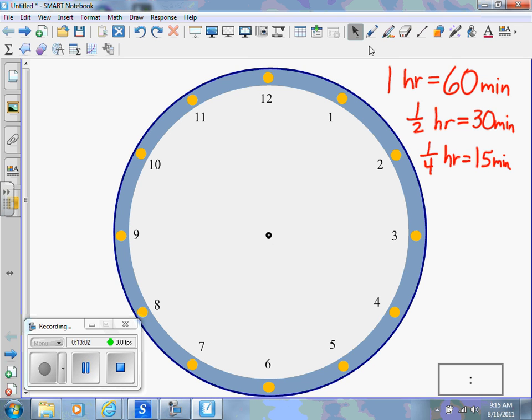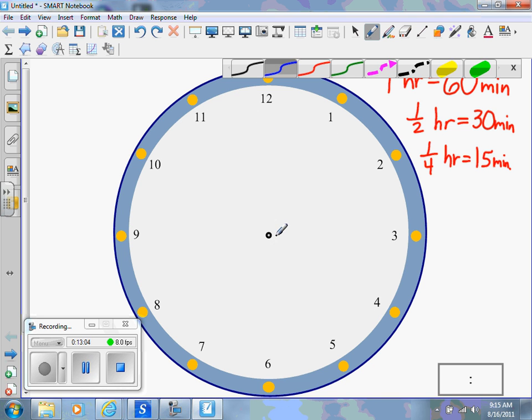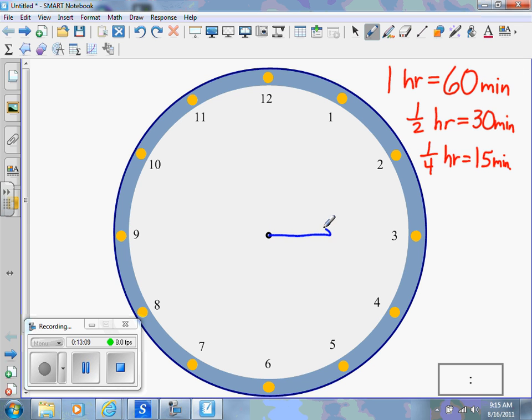Let's say, let me draw some hands on this clock. Here's my hour hand pointing to the 3. And you know it'd be 3 o'clock if I drew my minute hand pointing to the 12. But what if that minute hand has made it all the way down to the 6? What time is that?